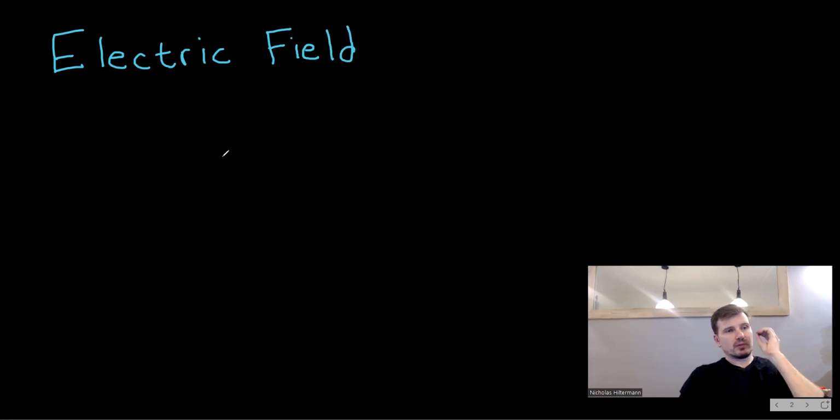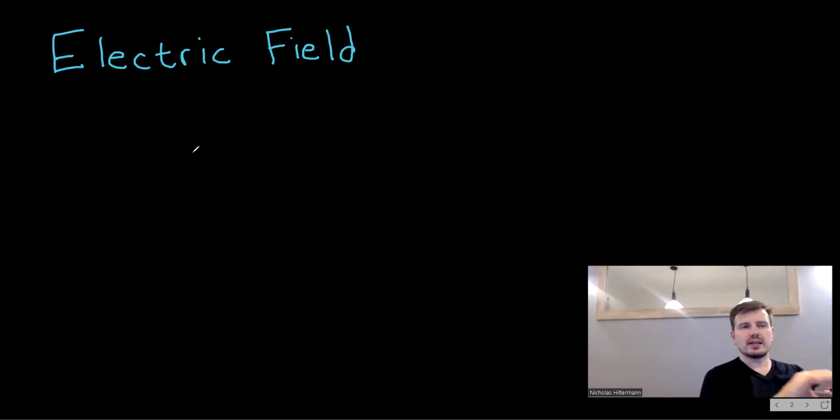Now, because you have an electric field, we're going to go away a little bit from our idea of electricity and the ion flow, and talk more about a charged particle. What we need to know for grade 9 is that you can have a positive and a negative charge.